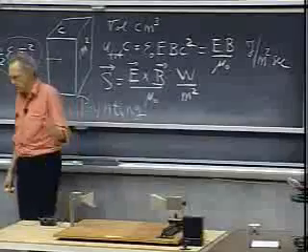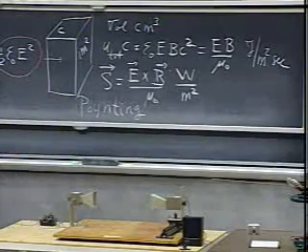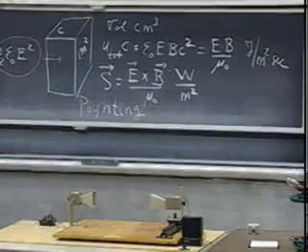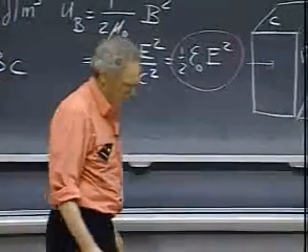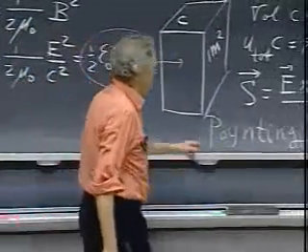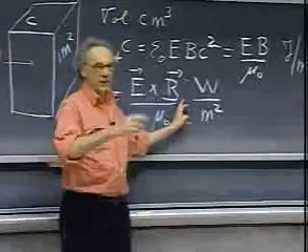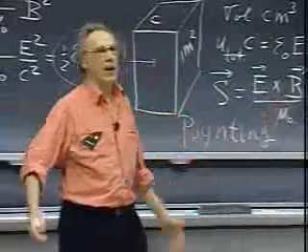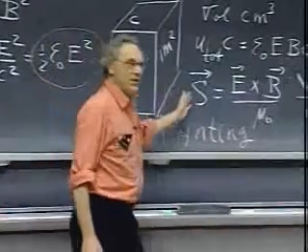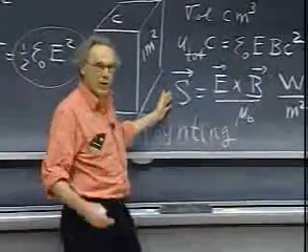How many joules per second through 1 square meter of a plane perpendicular to the direction of propagation? Now, E and B are changing with a frequency omega, cosine omega t or sine omega t. And so S is changing with the cosine squared of omega t.